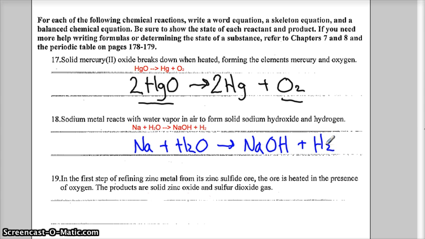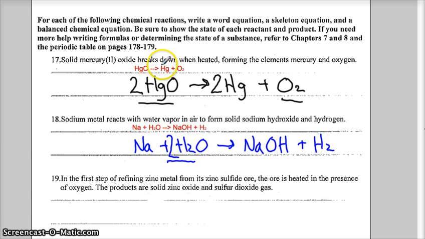In order to balance this, I know that we have 3 hydrogens on the right, and we have 2 on the left. So if we put a 2 in front of the water, let's see what that does. Now we have 4 hydrogens on the left-hand side, and we have 3 over here.